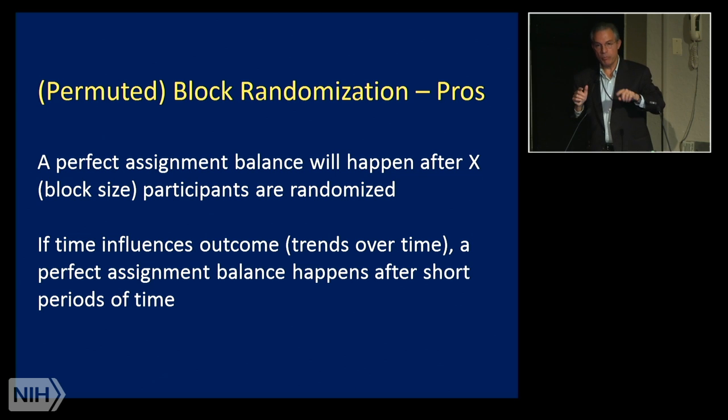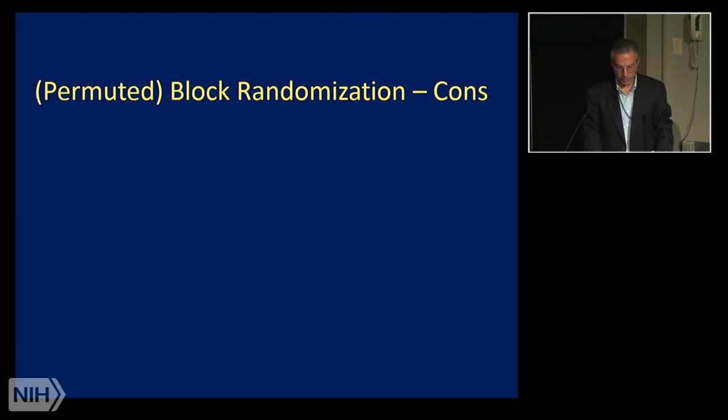With block randomization of 4, you are guaranteeing that after a short period of time, you are assigning 2 to A and 2 to B. You're not waiting too long. After 4, 2 go to A and 2 go to B. So if time is important, that's a big advantage.